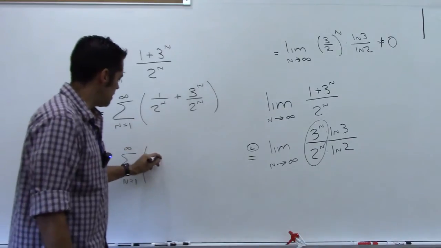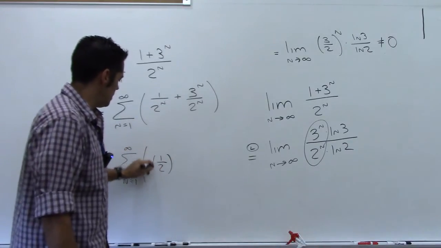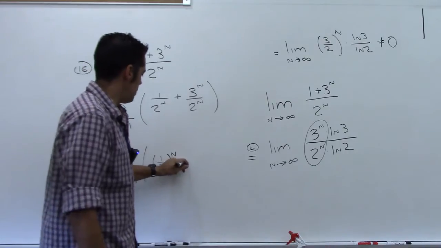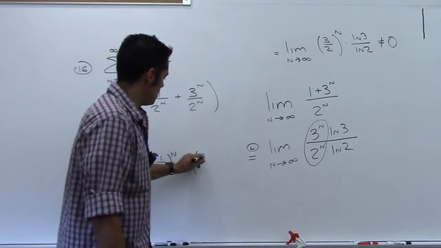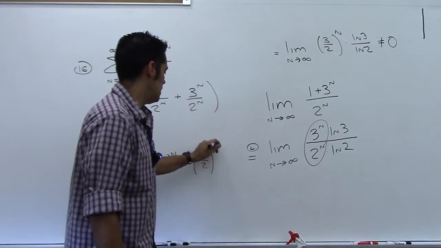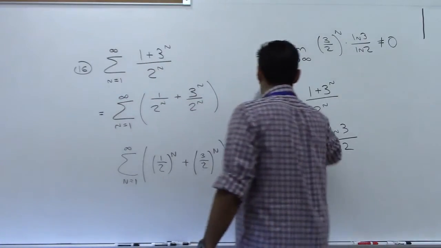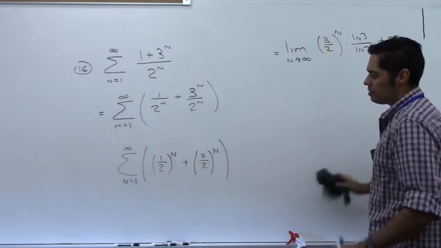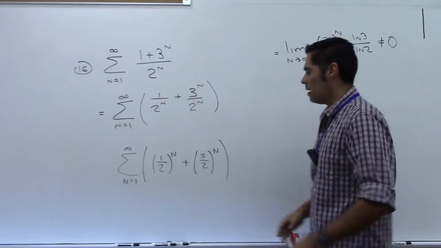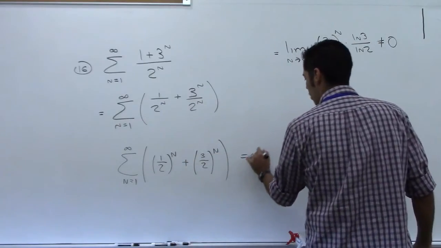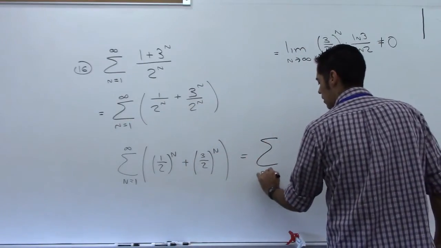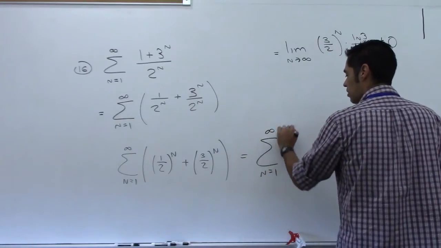This one right here is the same as 1 over 2 to the n. And then plus this one over here is 3 over 2 to the n. And so, of course, you have to get these to look like n minus 1s. You don't need it to draw your conclusion right now because you already kind of know what's going to happen, but I'll show it to you anyway.